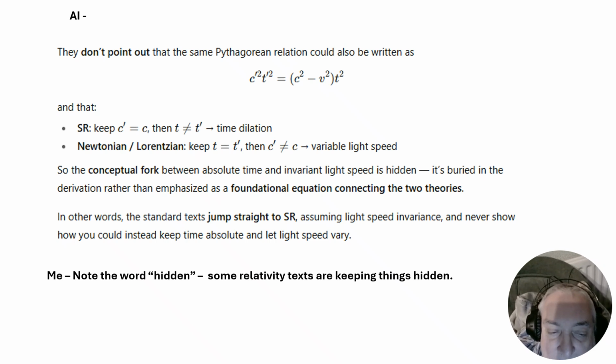It's buried in the derivation rather than emphasized as a foundational equation connecting the two theories. In other words, the standard text jumps straight to special relativity, assuming light speed and invariance, and never shows how you could instead keep time absolute and let light speed vary. So note the word hidden. Relativity texts are keeping some things hidden.